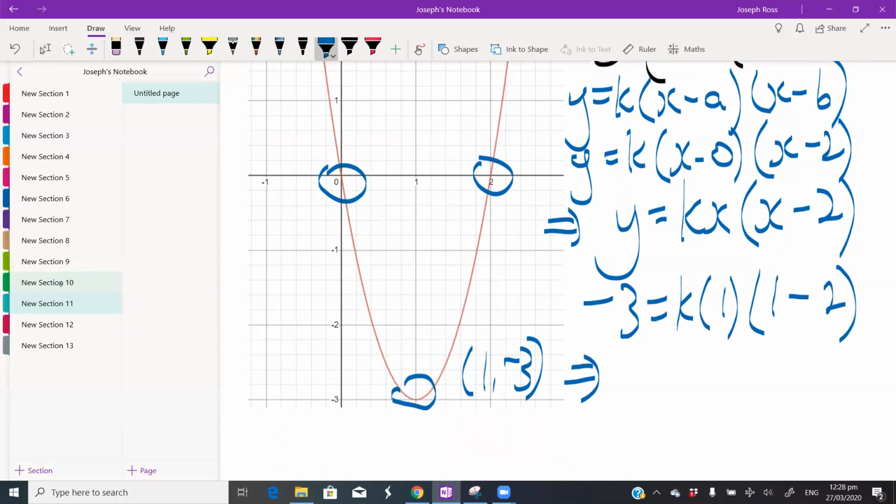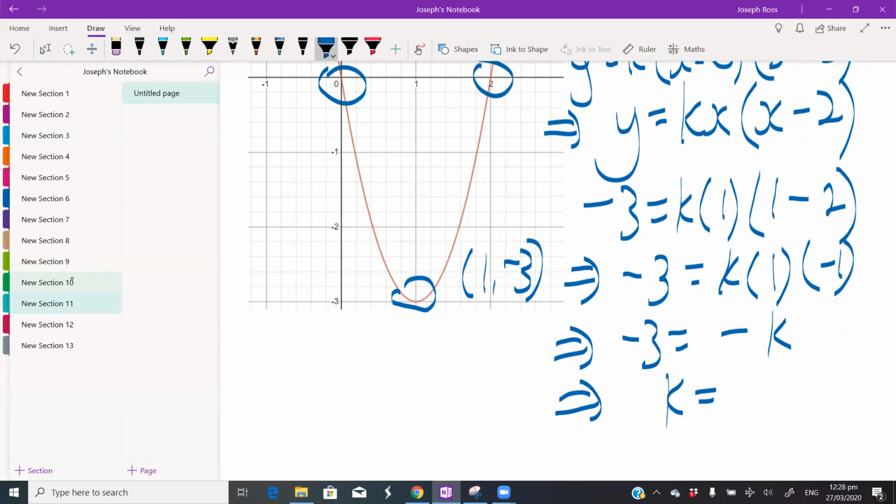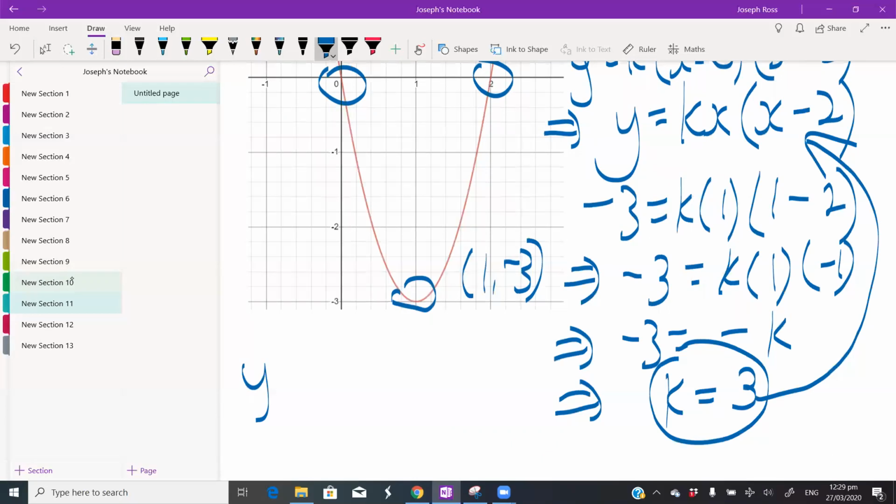So we've got -3 equals k multiplied by 1 multiplied by -1, and 1 times -1 is -1. So -3 equals -1 times k. If we divide through by -1, we get k equals 3. We take this value of k, put it back into that line, and we get y equals 3x multiplied by (x minus 2).